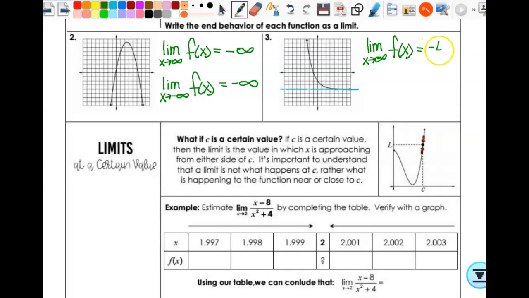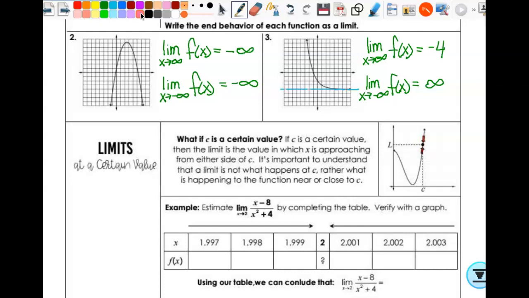Good. And then the limit as x approaches negative infinity of f of x. So as x approaches negative infinity, what does f of x approach? Infinity. Okay? All right, so that's what happens when we are approaching infinities, either positive infinity or negative infinity.